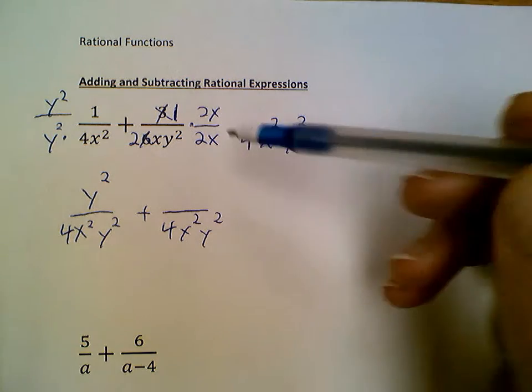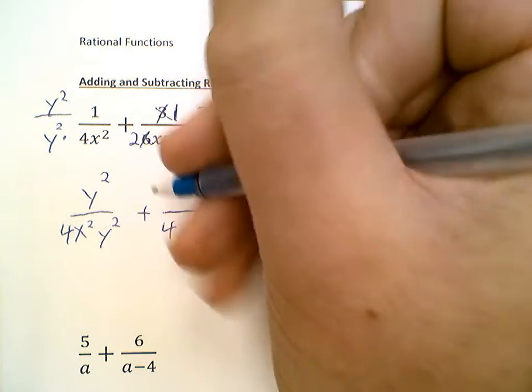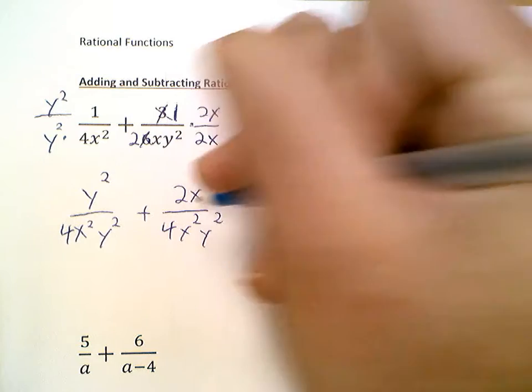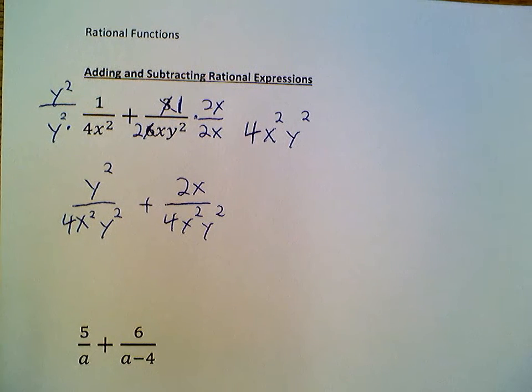In the numerator I've got 1 times 2x, so that's of course just 2x.